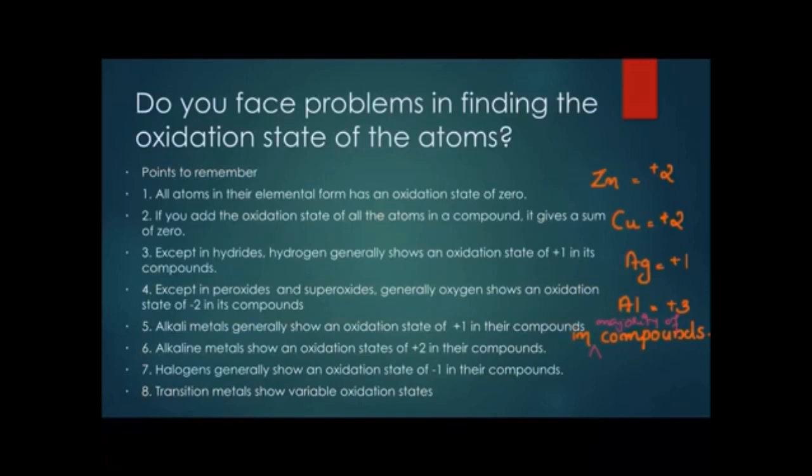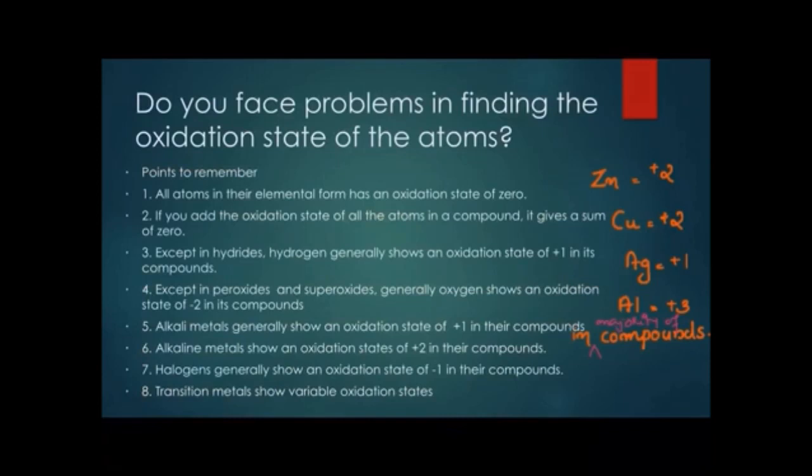Alkali metals like lithium, sodium, potassium, rubidium, they show an oxidation state of +1 in most of their compounds. Alkaline earth metals such as calcium, barium, they generally show an oxidation state of +2 in their compounds. Halogens such as fluorine, chlorine, bromine, iodine, they generally show an oxidation state of -1.